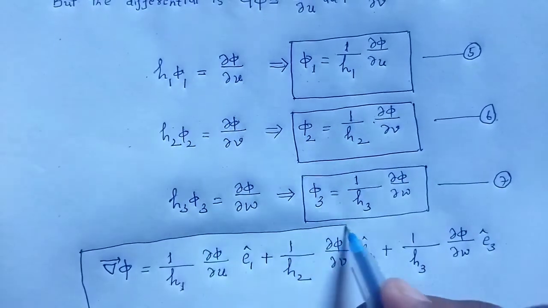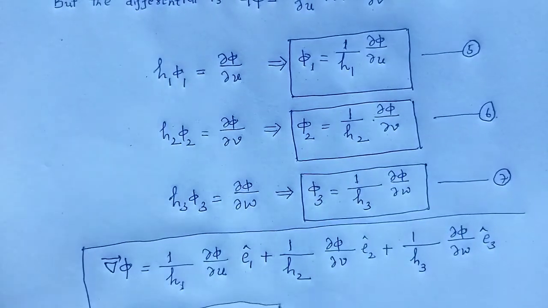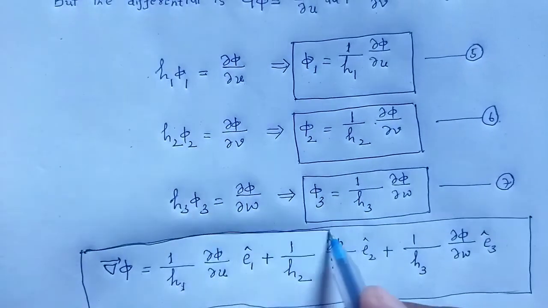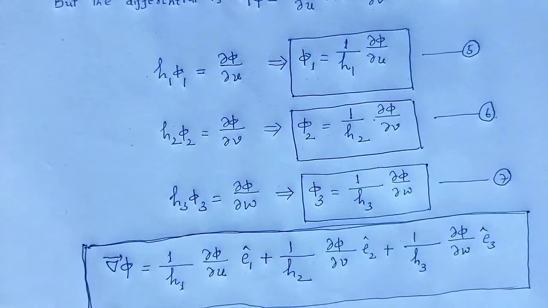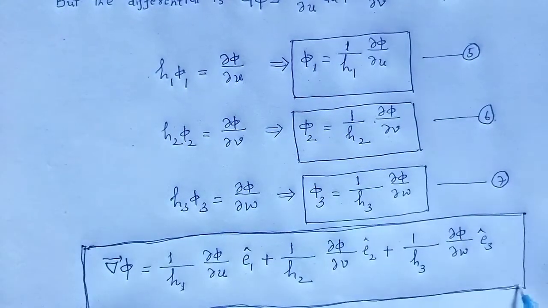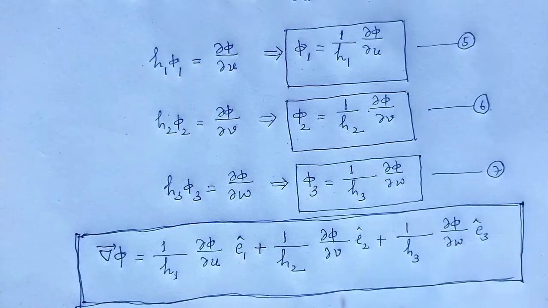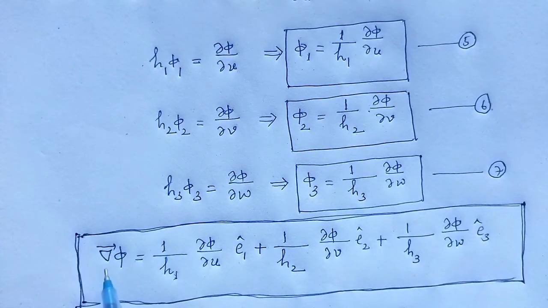This is the final result of the gradient in terms of orthogonal curvilinear coordinates, that is grad of phi.